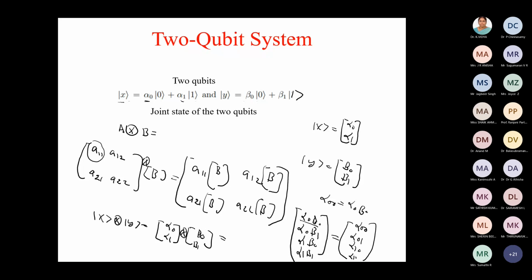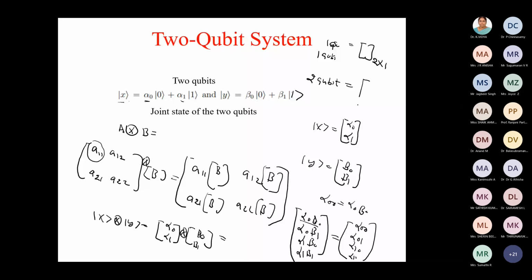In the case of a single qubit, it was a 2 cross 1 system, so only two entries are there, the coefficients of 0 and 1. In case of two qubits, how many entries are there?